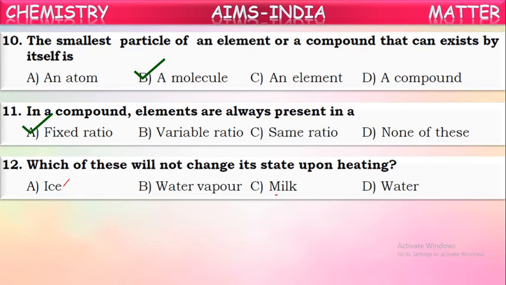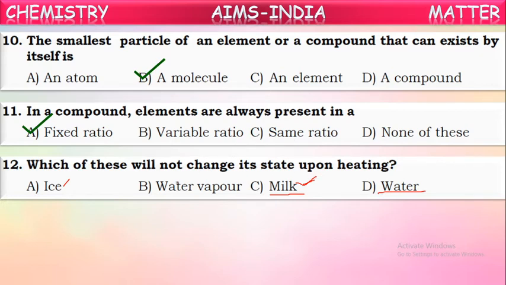When you heat milk, it changes to either curd or something else. And when you heat water, what happens? This water converts into water vapor form. If you heat milk, it will be broken. If you continuously heat milk at a certain time, it will be solidified.